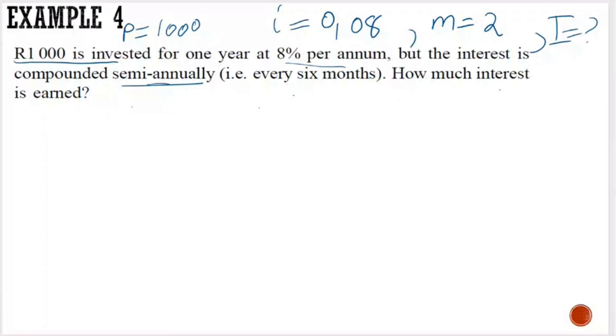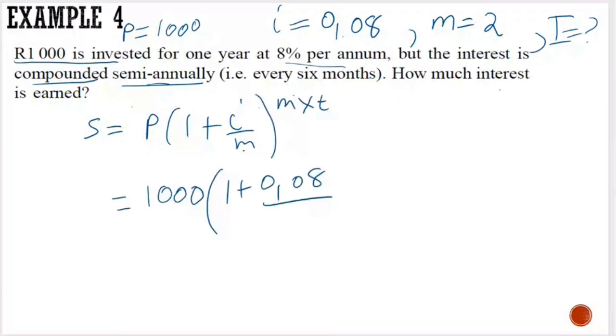So now your S is going to be equal to P into (1 plus I over M) to the power M multiplied by T. Okay, so now your P is equal to 1,000 into 1 plus your interest is 0.08 divided by the number of compounding periods, it is 2, and then your M is 2.